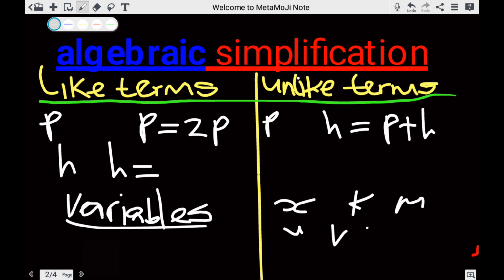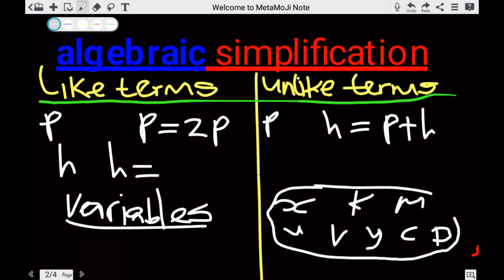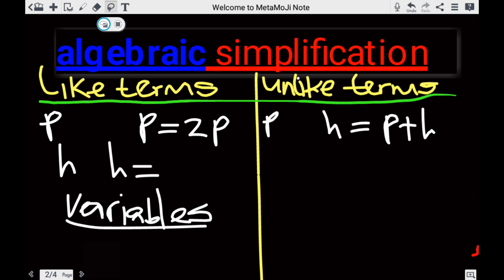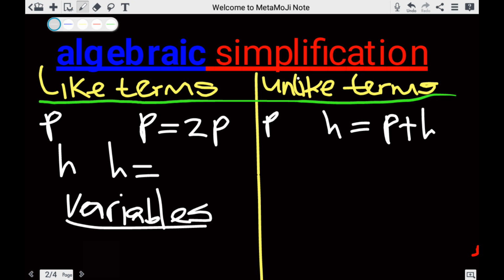Any letters that are used in maths are called variables. That's why it's called an algebraic expression. You need to be careful of what we're doing here in order to know everything I'm teaching you in this lesson.